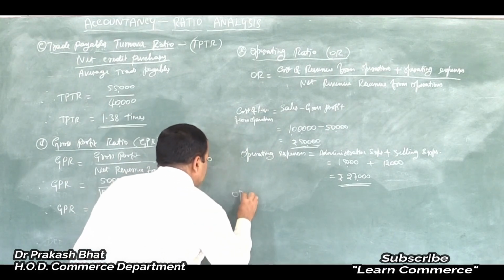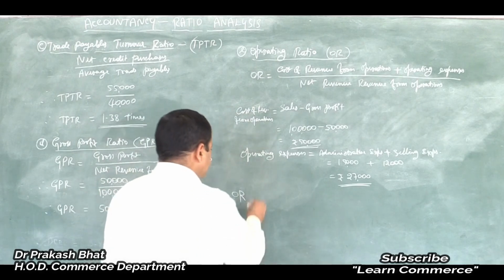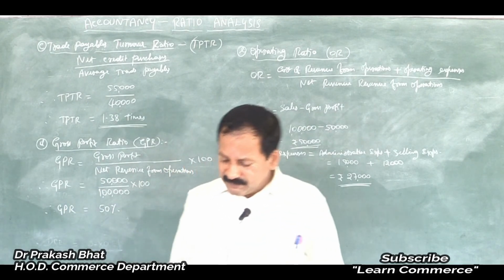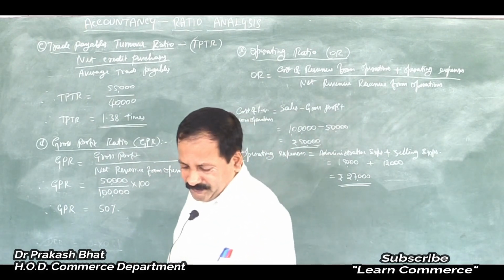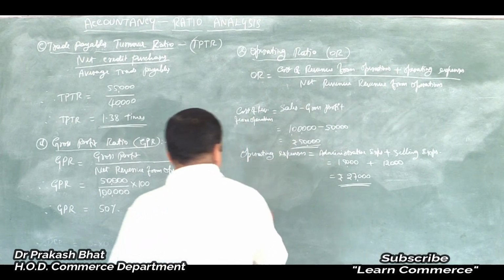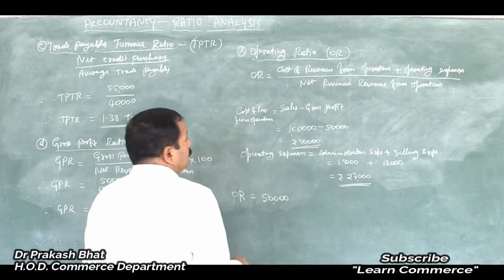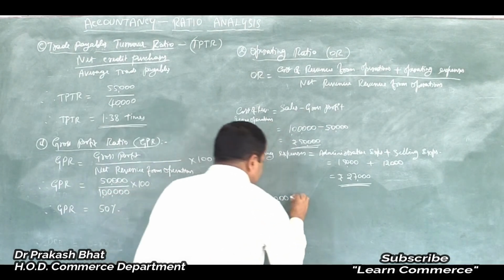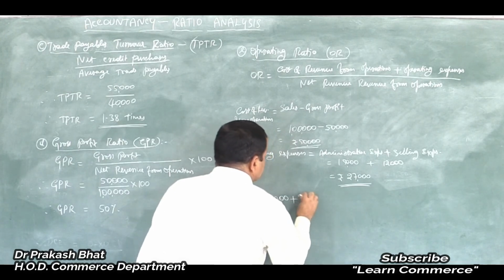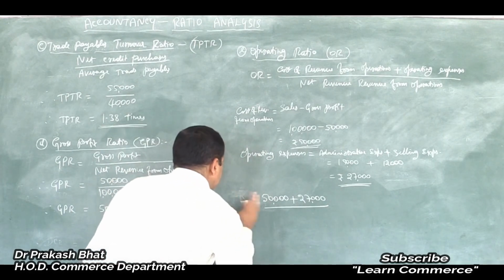Operating ratio is equal to how much? Yes, 50,000 plus, that is cost of revenue from operations 50,000 plus operating expenses 27,000, divided by net revenue from operations. How much is it? That is 1 lakh.